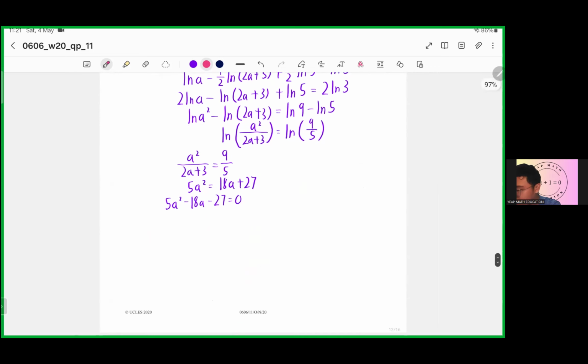So we can directly use the quadratic formula. Over 2 times a, which is 5, so we can take 18 plus or minus. Here is 10.